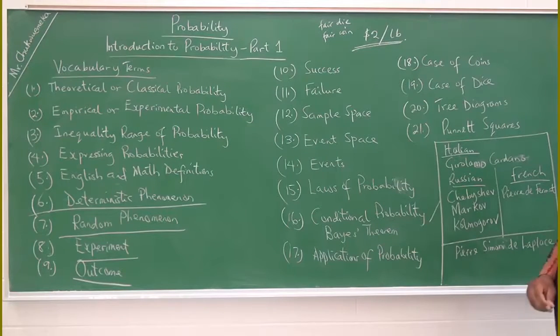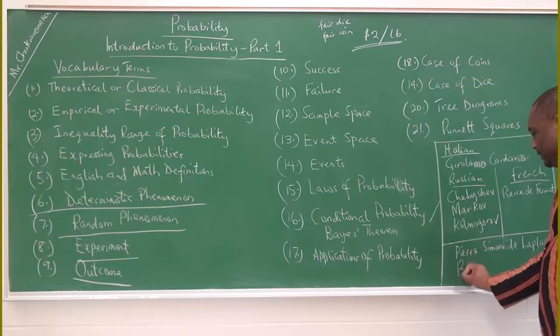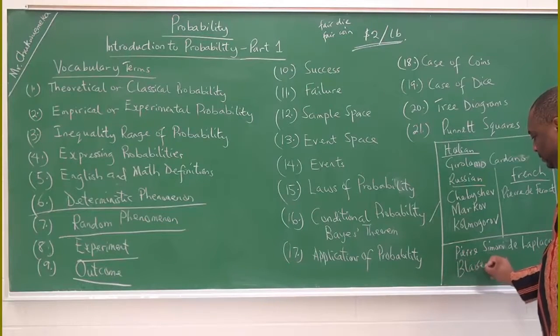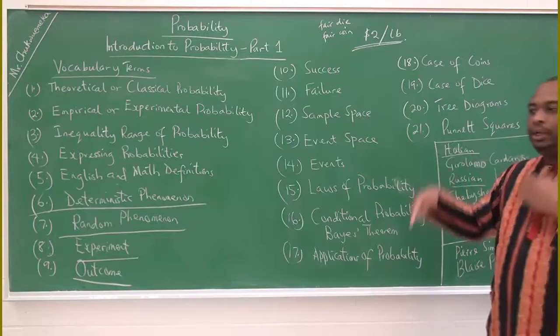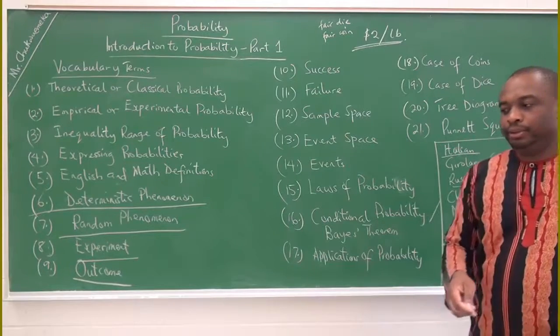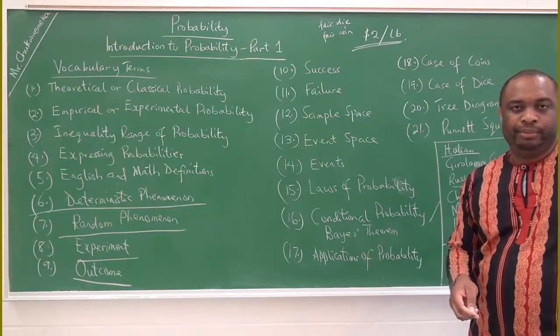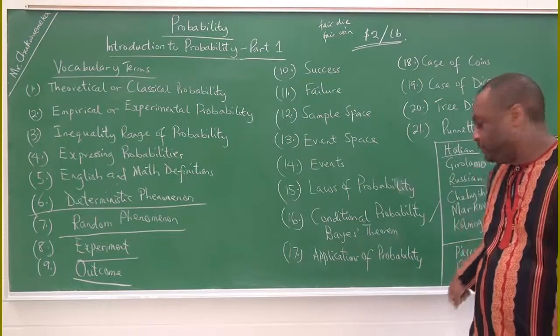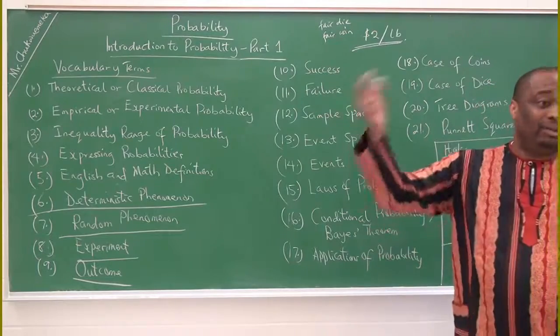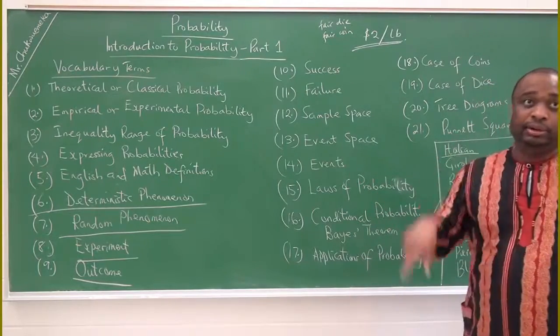You talk about Laplace transforms. You also have Blaise Pascal, a French scientist. Pascal's triangle helps you in the binomial theorem, binomial expansion formula. In fact, it was actually written from Pascal's triangle.